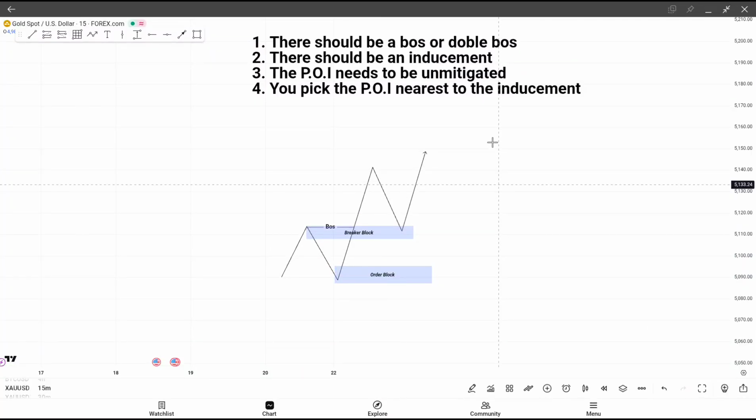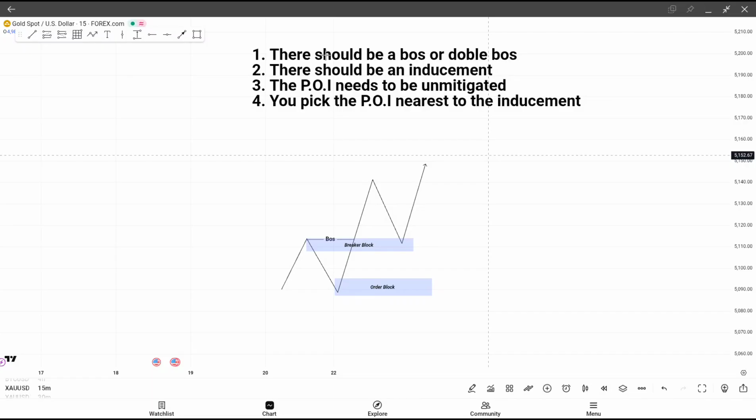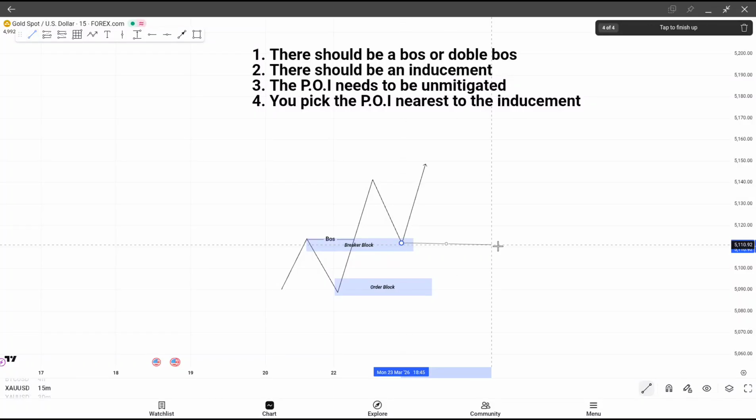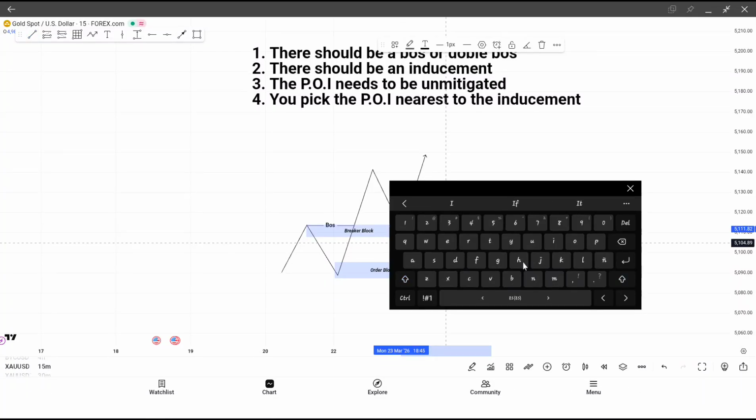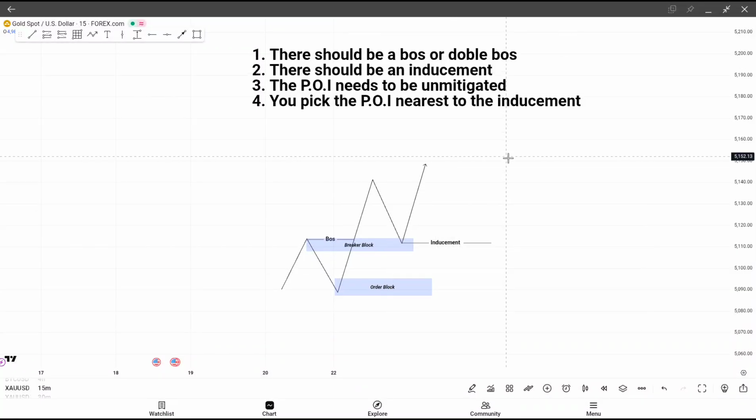So what does the rule say? The first one says there should be a break of a structure or a double break of a structure. We have a break of a structure here, this BOS. So the first one has been okay. The second one says there should be an inducement. You have our what? Inducement, that is what? The first pullback. Inducement, the first pullback.